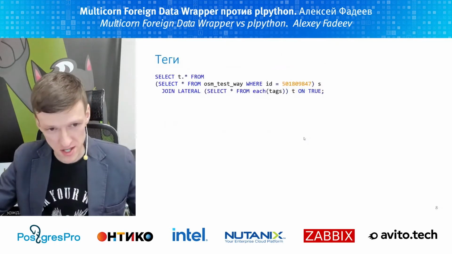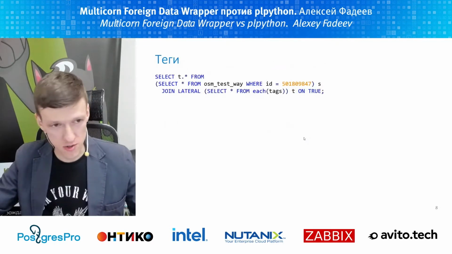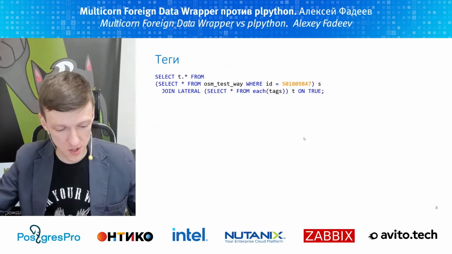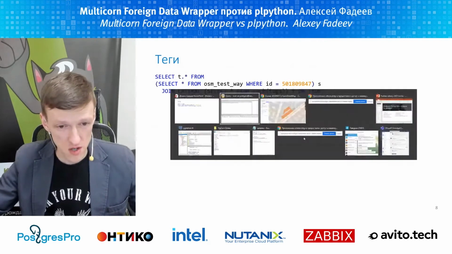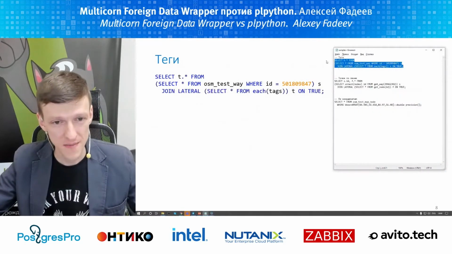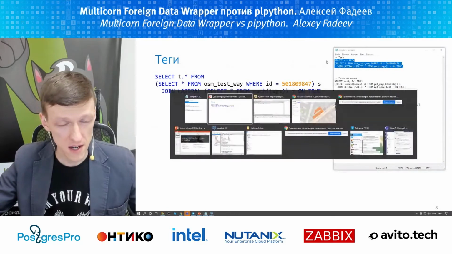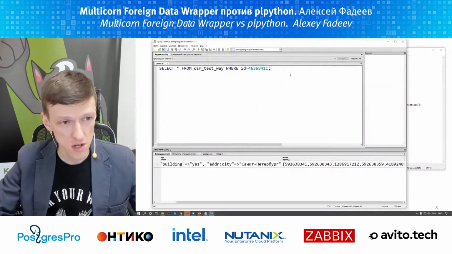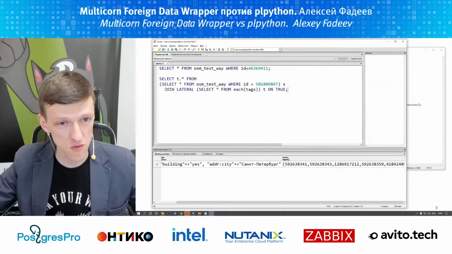The next example is the same tags in the form of hstore, in the form of a table. So I've prepared a query so that I don't type in front of you. So let's do the same.